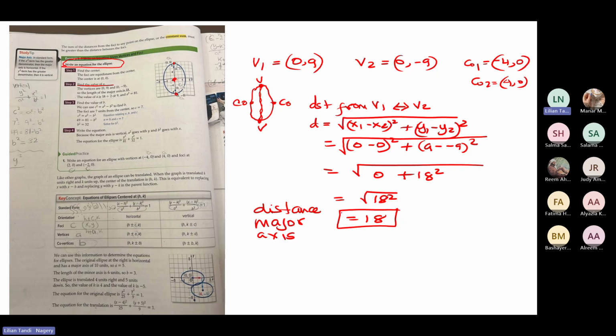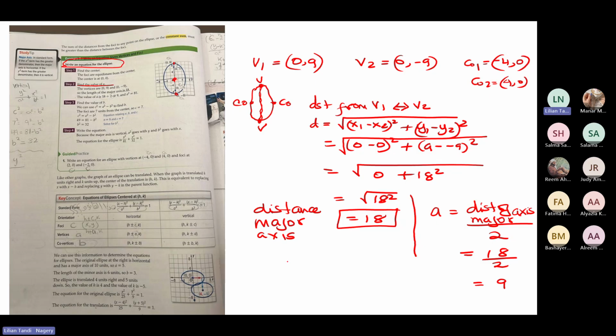Now you will use this number to give you A. A is the distance of the major axis divided by 2. So 18 divided by 2 gives you 9.